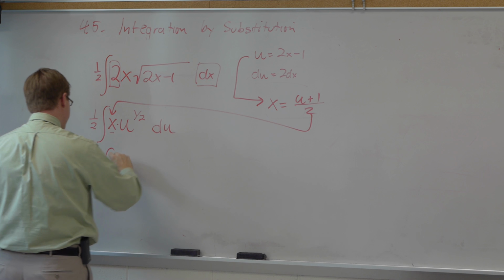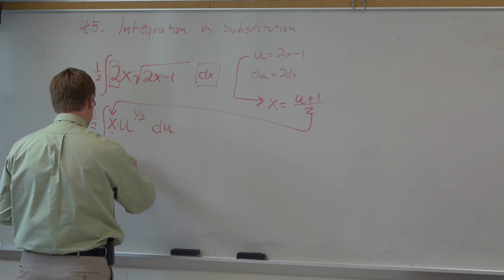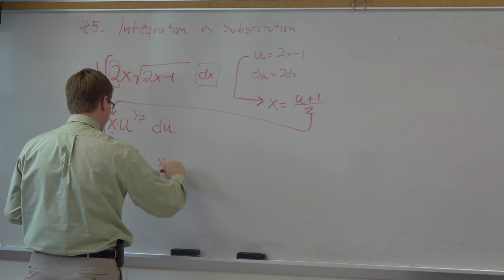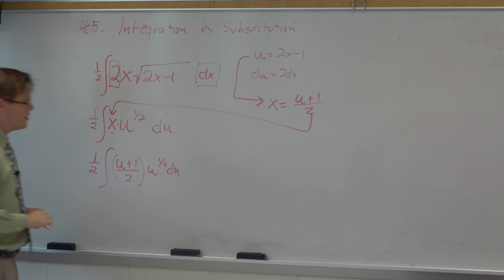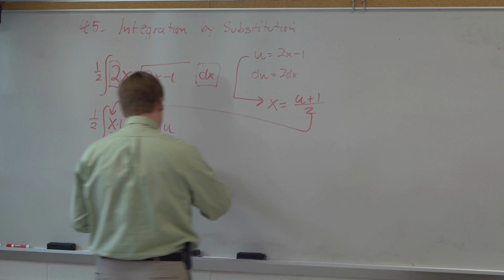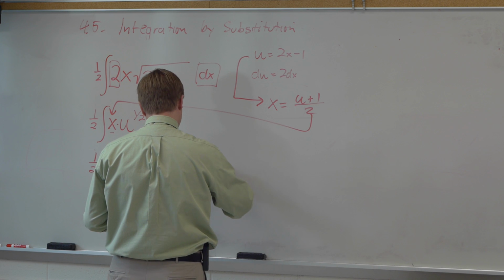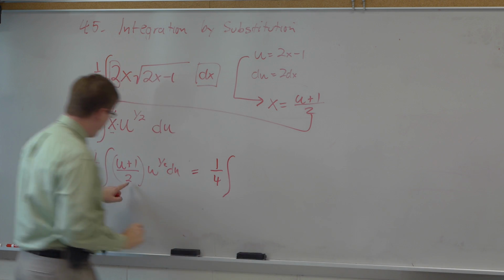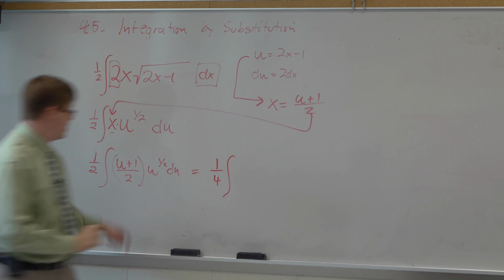So now this is (u plus 1) over 2 times u to the 1/2 du. And that's an integral that only has u's in it. And once I multiply this out, it's just going to be a power rule that I can integrate pretty easily. So what is this? This is 1/4. I'll bring that 2 to the front.